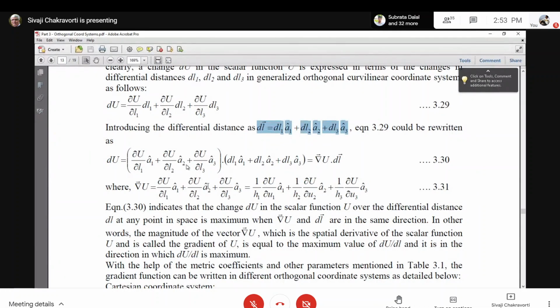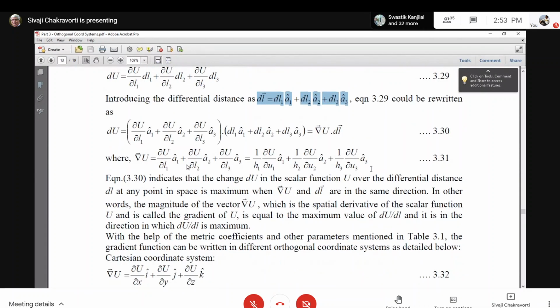So we are writing it in this form. Then dl1 is expanded in terms of h1 and u1. So equation 3.31 is the gradient function in terms of a general coordinate system.